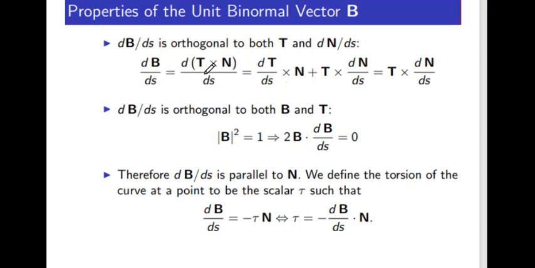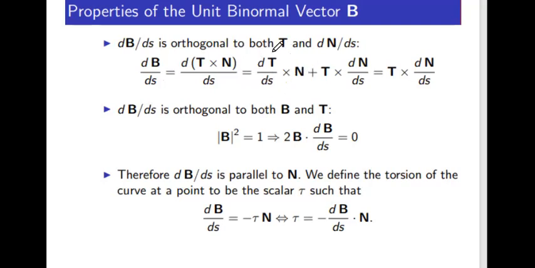This is a vector product, so we differentiate the first one with respect to s, cross the other vector, plus the first one cross the differentiation of the other vector.